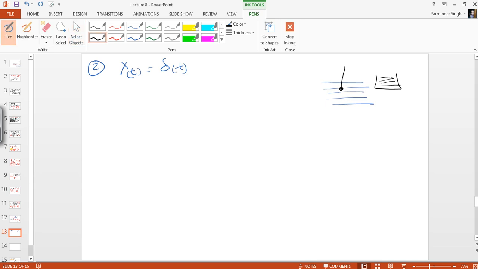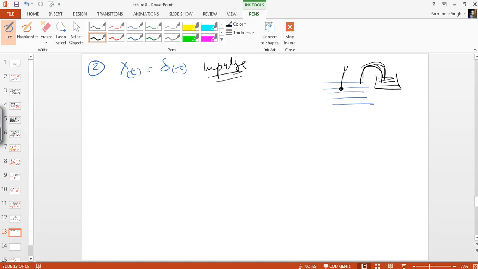You picked up this thermometer from the surrounding, dipped it in this and then taken out. Suddenly you dipped it and taken out. That is the impulse. That means you try to change the surrounding temperature for a few fractions of a second suddenly. That is impulse. Clear? That is, it's kept in a different temperature for a few fractions of a second.